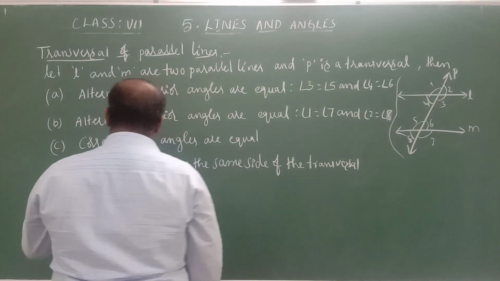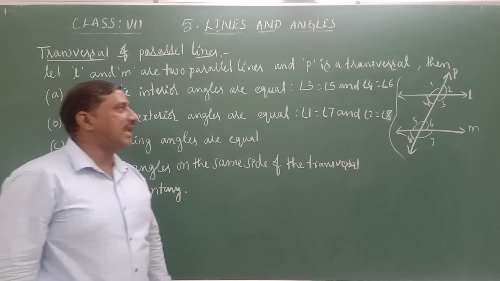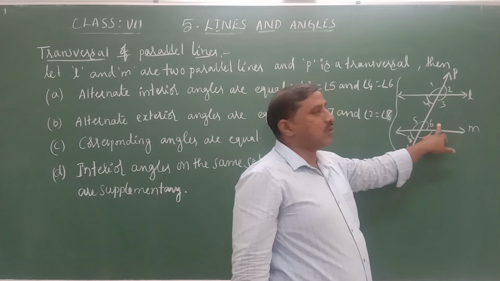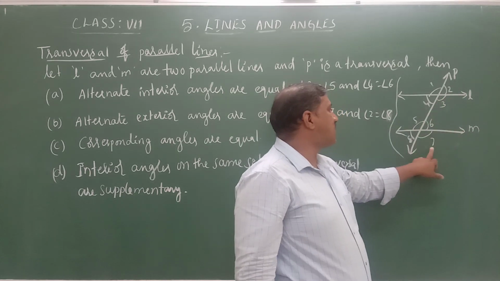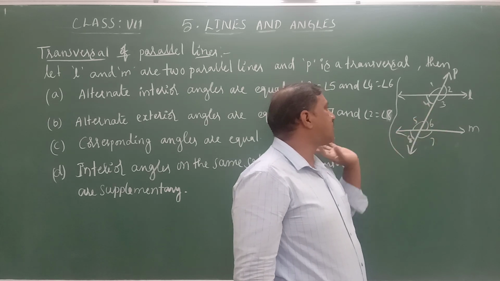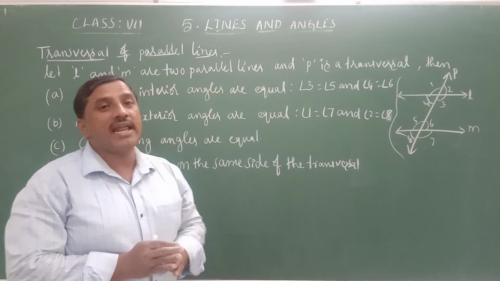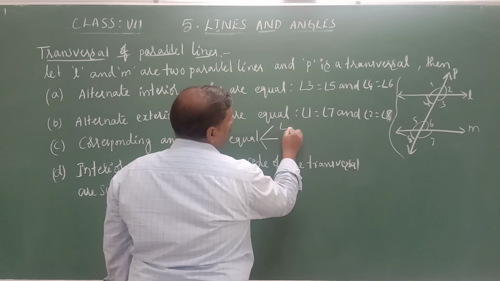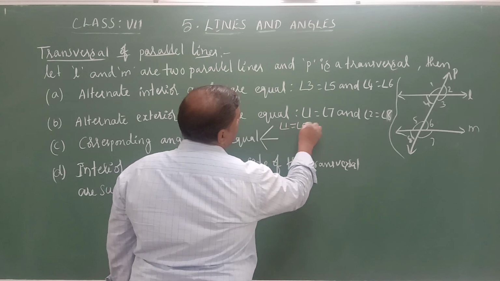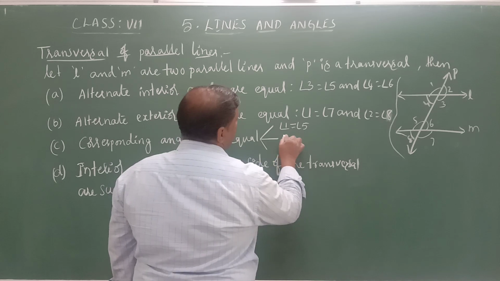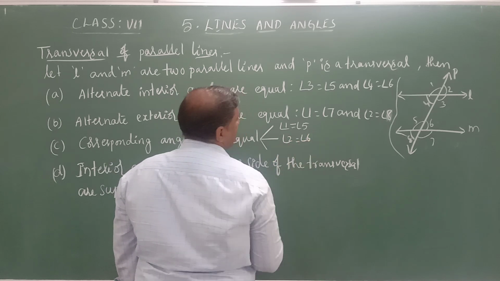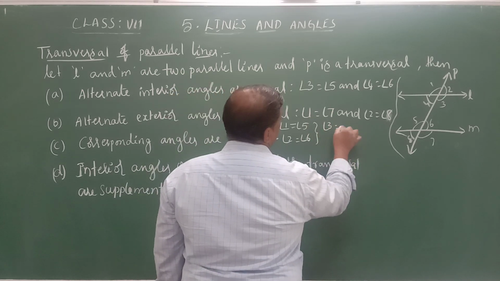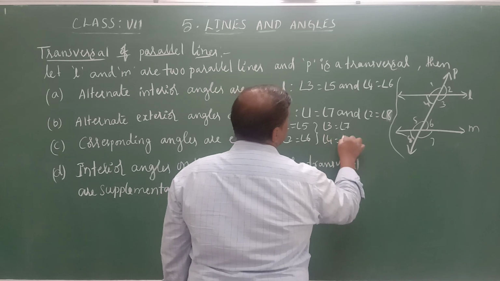Now what about the corresponding angles? The corresponding angles are also equal. That is, angle 1 is equal to angle 5, angle 2 is equal to angle 6, angle 3 is equal to angle 7, and angle 4 is equal to angle 8.